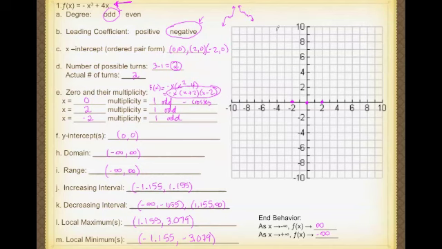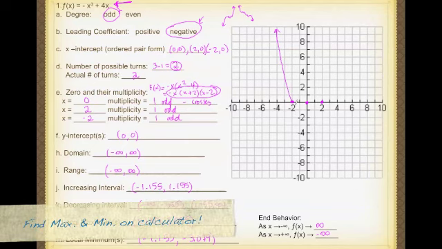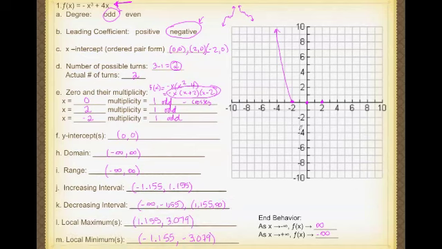I know it's going to pass through -2 and go to my minimum, which was -1.155 and 3. So I'm going to estimate that point, and I'm going to go ahead and put in my maximum also. That was 1.155 something, and it goes up to 3.0.